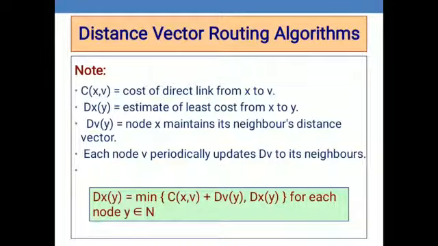Like that, we will update the routing information for each and every node: the distance from A to B, A to C, and A to D. Each and every router maintains a routing table, and we keep updating the routing table until it reaches a stable state.